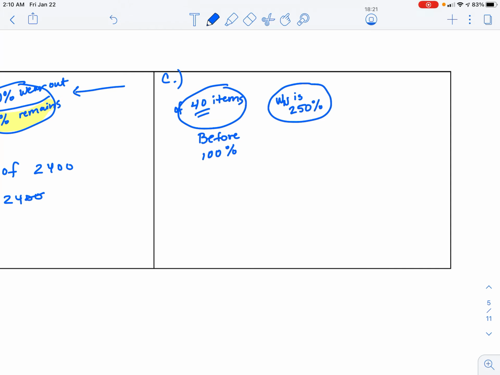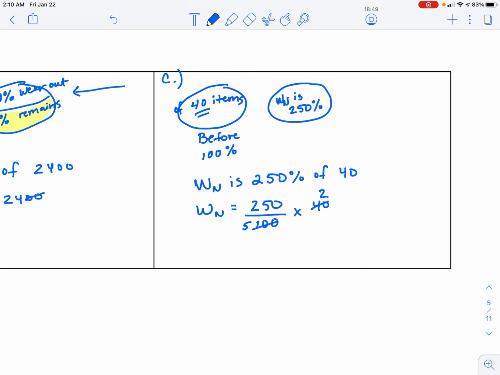So what number is 250% of the 40? So let's write that out. What number is 250% of 40? Now let's write this out in a mathematical statement. What number is 250% of 40?